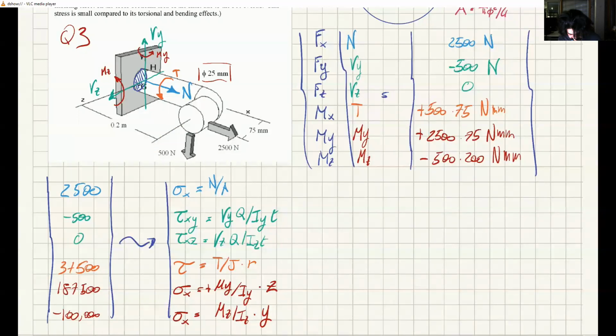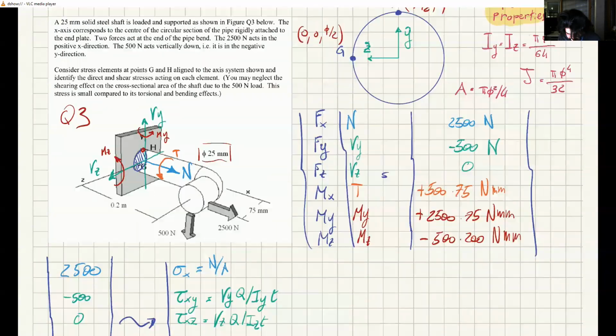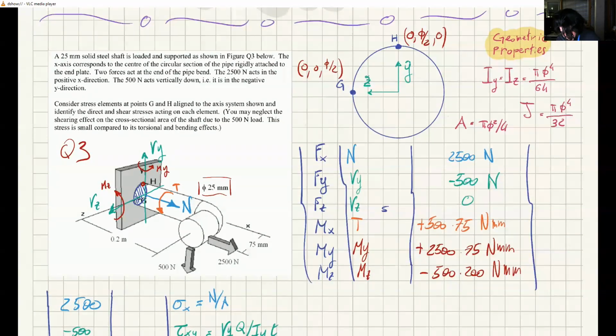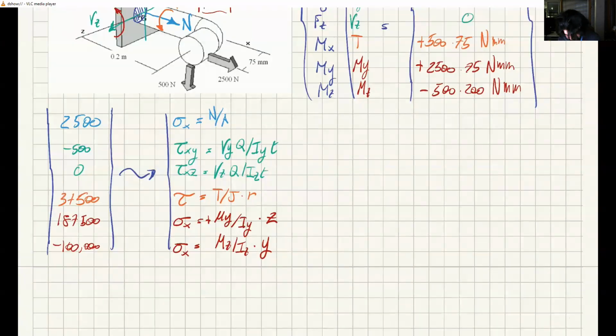So the moment is negative. So this is in tension. And to have that in tension, for positive Y, we need tensile stress. So we must have a negative here, because negative and this negative will give positive.